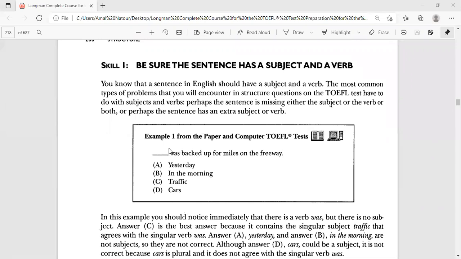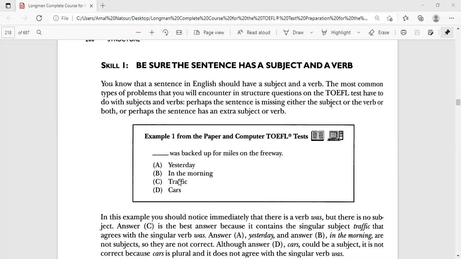The verb says that the subject should be singular because the verb says was backed, and I use was with singular nouns. So this verb shows singularity. Which one of these two, C or D, shows singularity? Cars is a plural noun, but traffic is an uncountable noun.